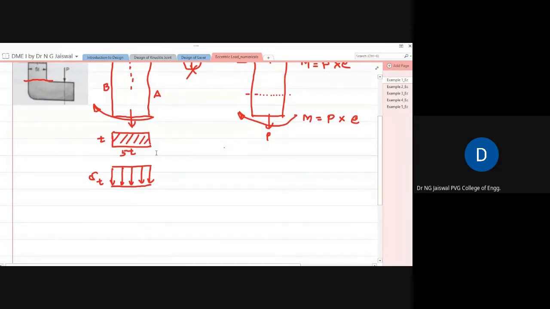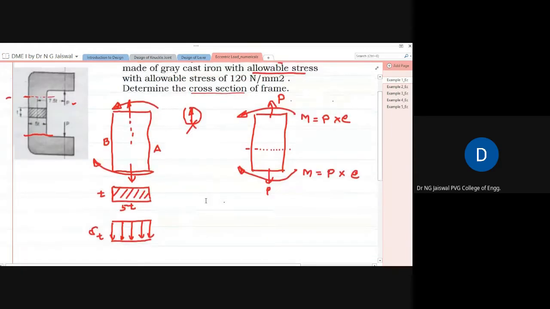Now, because of secondary loading, that is because of M, what is the effect? Because of this M, if I again draw a stress distribution diagram, what I will notice is that because of this moment, it is likely to bend this way. If it bends this way, A fibers are subjected to sigma t, and these B fibers are subjected to sigma c, that is compressive stress.